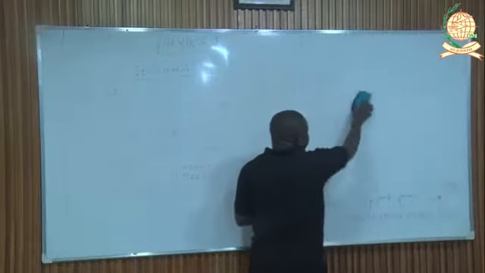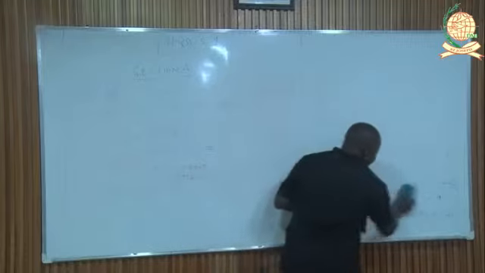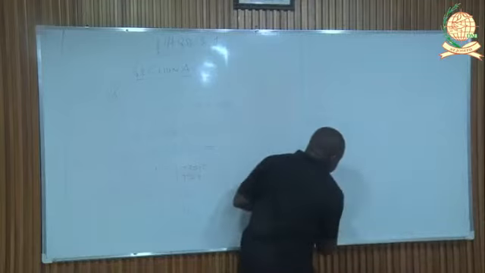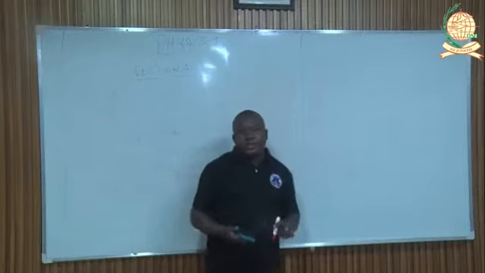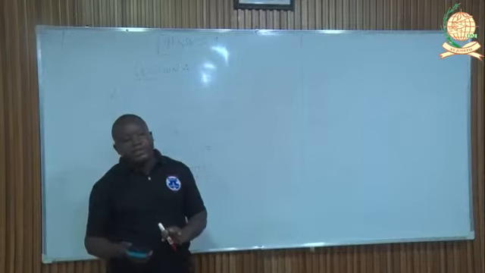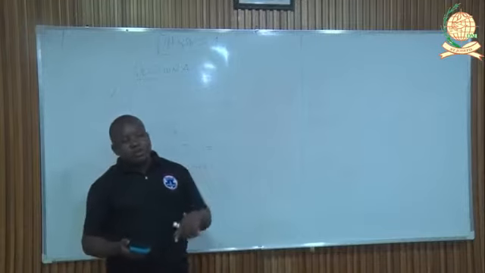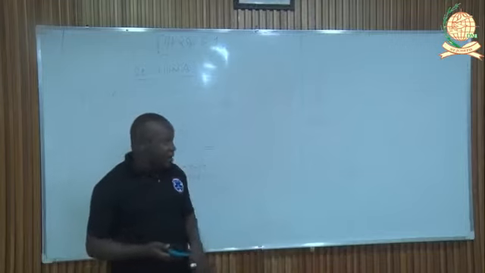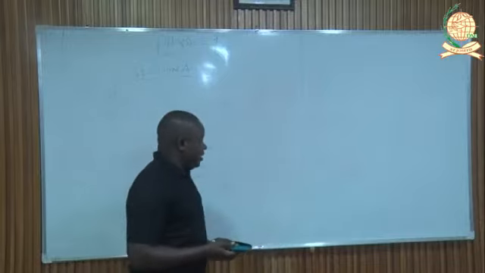Another assumption, number 2, the value and the direction of acceleration due to gravity are constant. That means its value does not change, and it is directed in one direction only, which is downward. The other direction will be treated as negative.